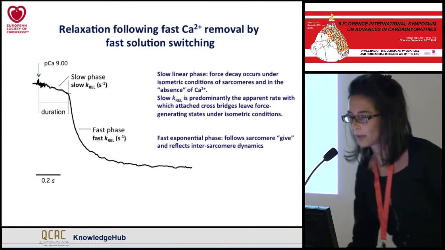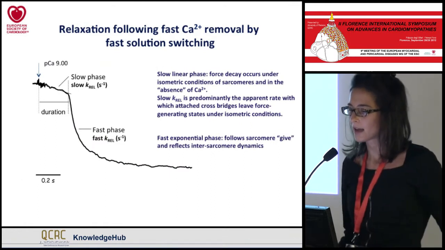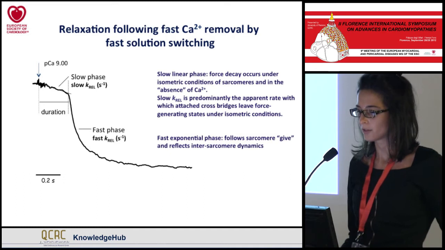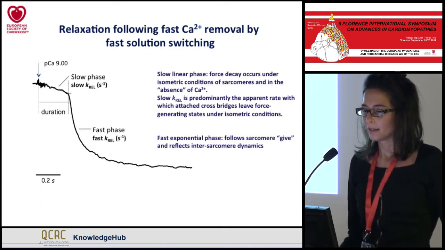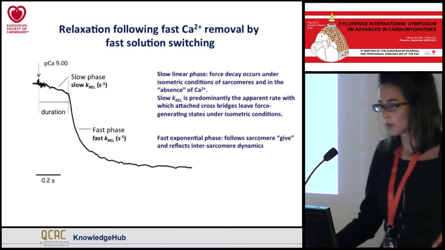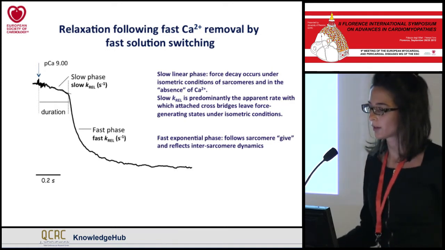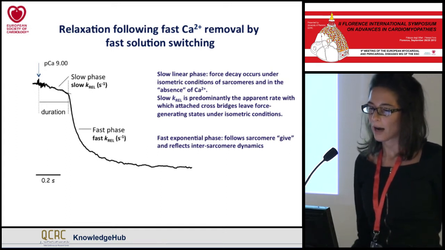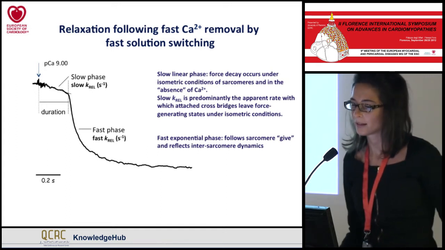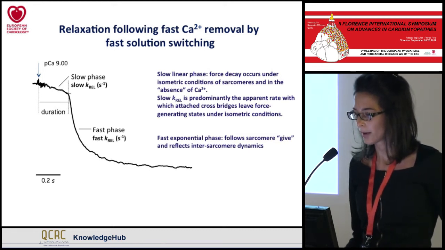So quickly I explain this phase. This is characterized by 2 different phases. The first one is a slow linear phase, and the force decay occurs under isometric condition of sarcomeres in absence of calcium. This is described by the duration and by a kinetic parameter.